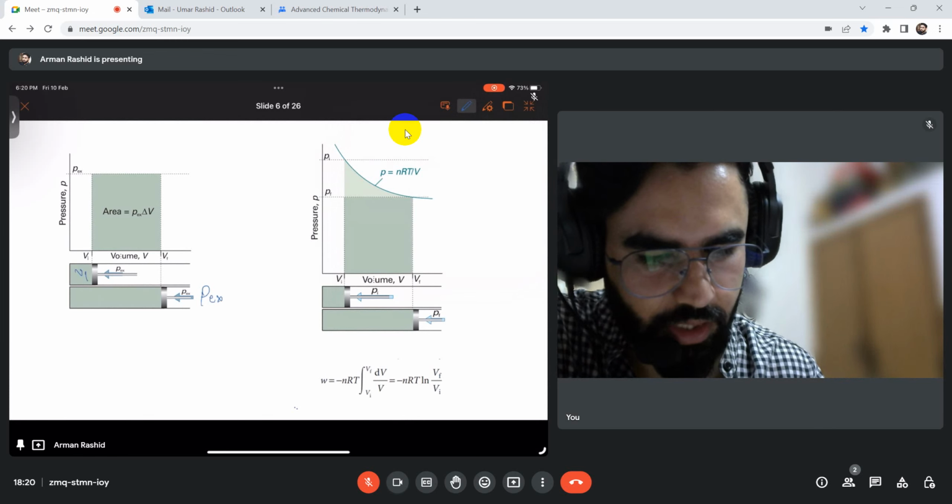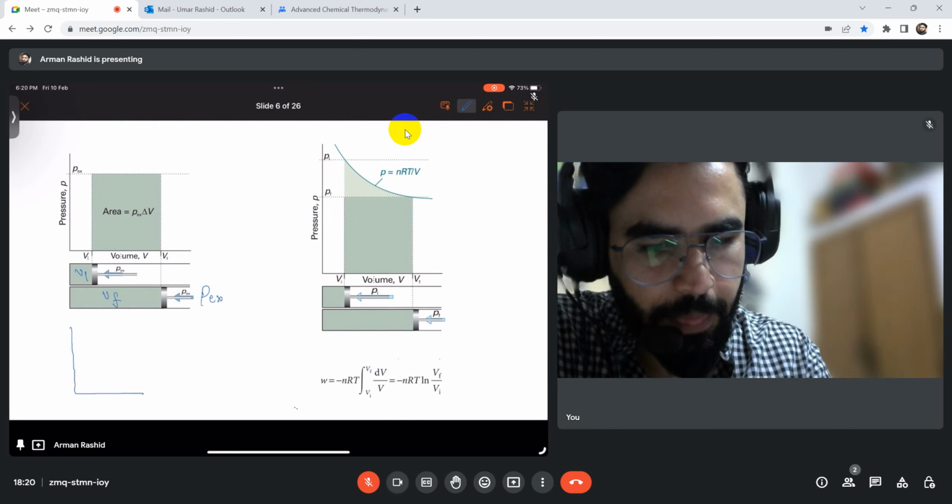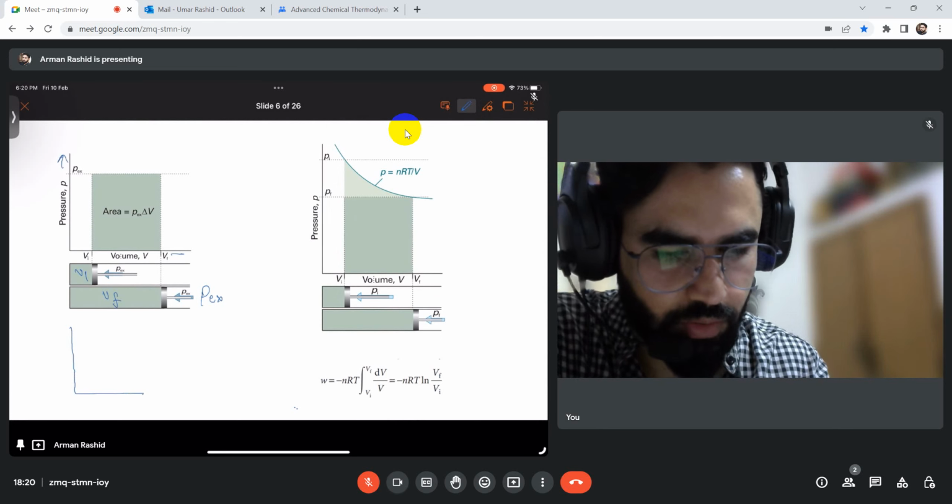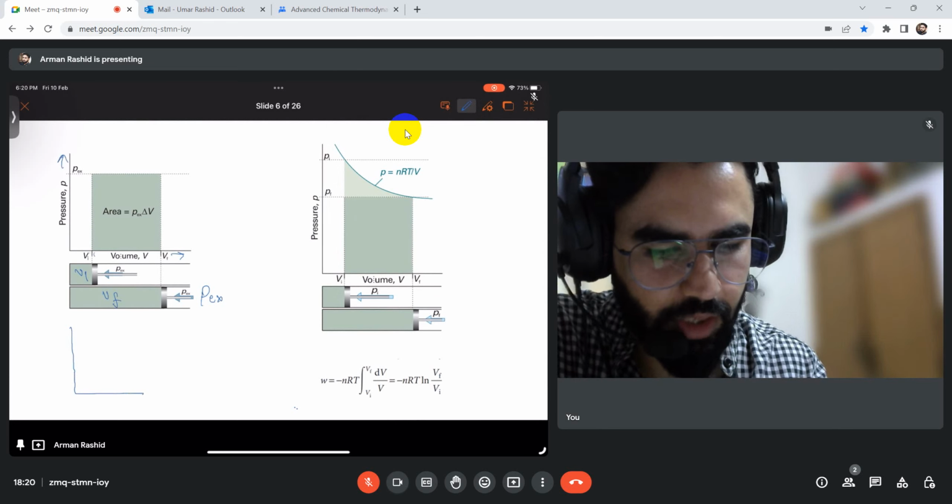In order to determine the work done, we can plot, as shown here, pressure as a function of volume. Now this is an initial volume, this is a final volume.